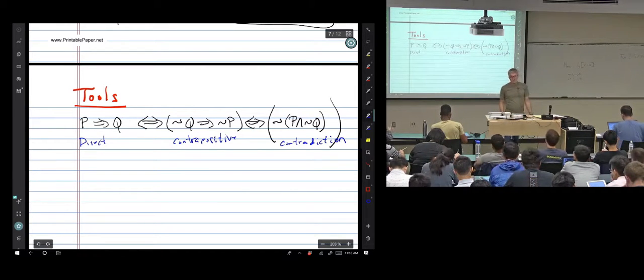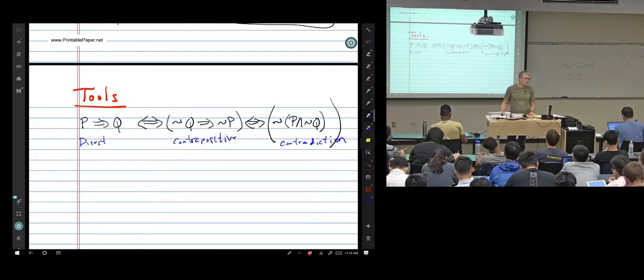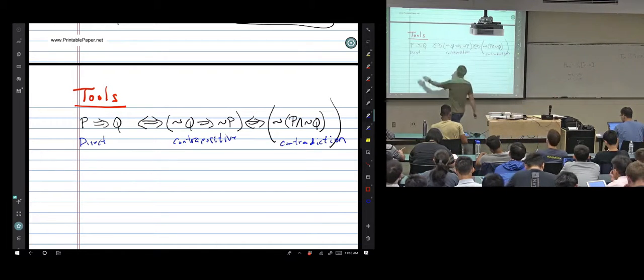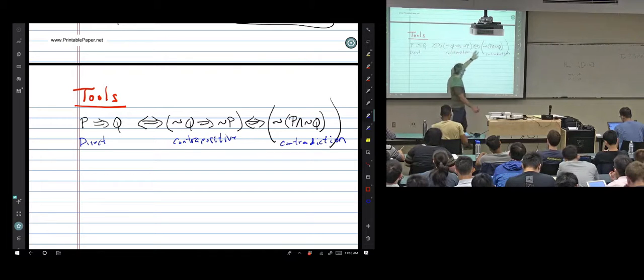It's up to you. Am I going to score, passing the ball to my friend who's a perfect shot? Me taking my best shot, whatever. You just got to decide what play you're going to run. The direct, the contrapositive, the contradiction.